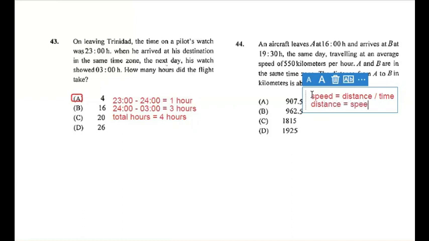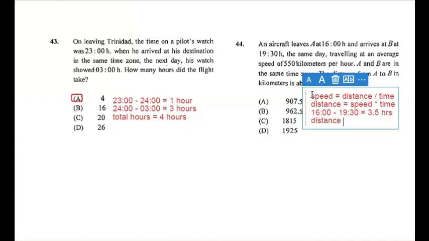So distance will be equal to speed multiplied by time, and we have the speed, which the question states is 550 kilometers per hour, and the time we'll need to work out, which is from 4 o'clock to 7:30, and if you work that out, that will give you 3.5 hours.